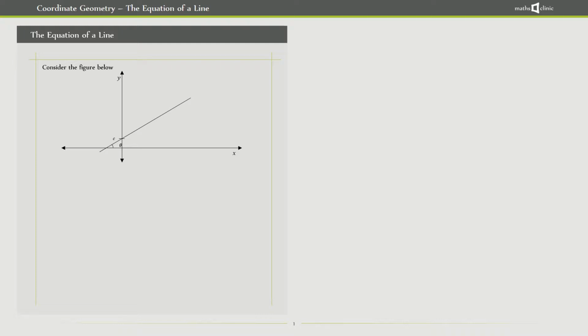Now, I want you to think about the line. To be honest, to define this line, this is all you need: the angle that the line makes with the horizontal x-axis, and a starting point. Just think of this line as though it started from the point C on the y-axis, and you know the angle the line will make.